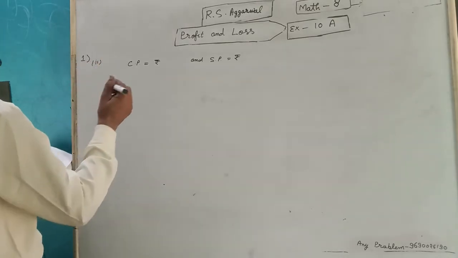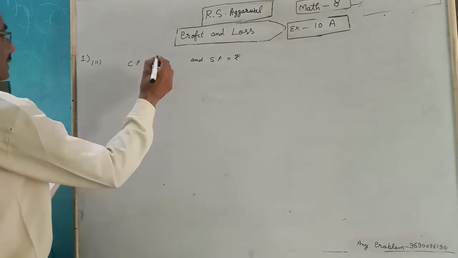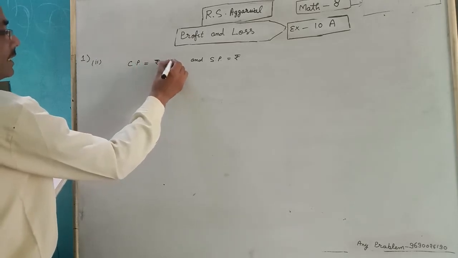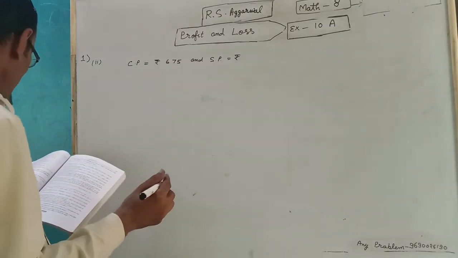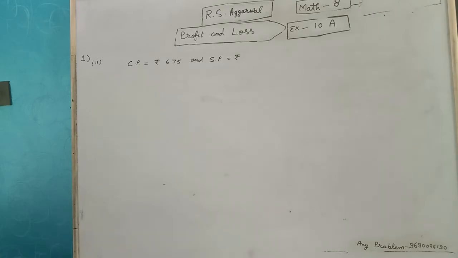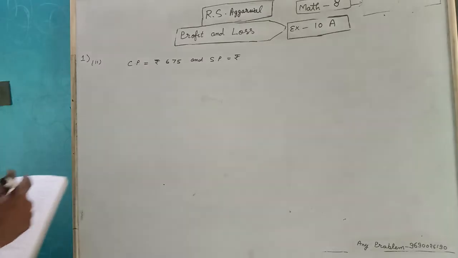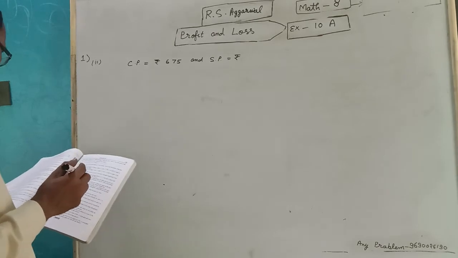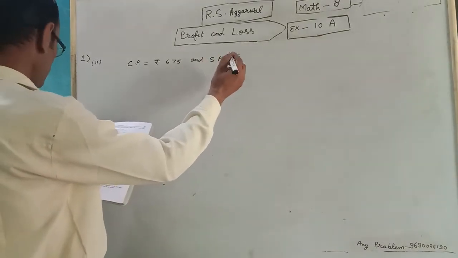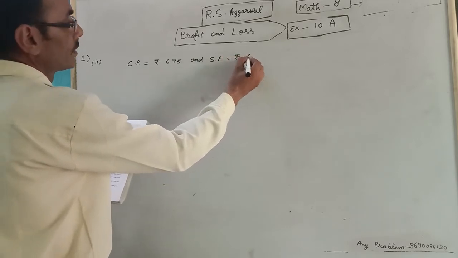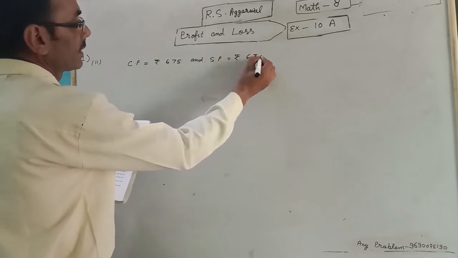In this question, CP is equal to 675 and SP is equal to 630.